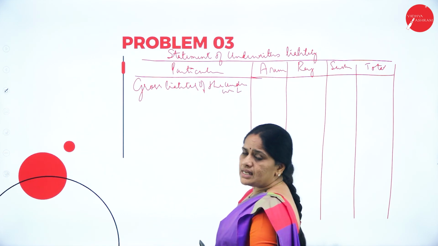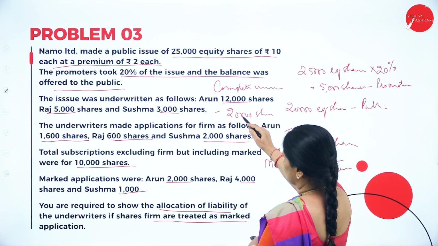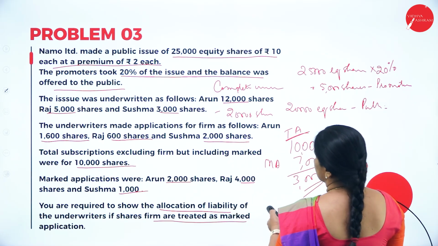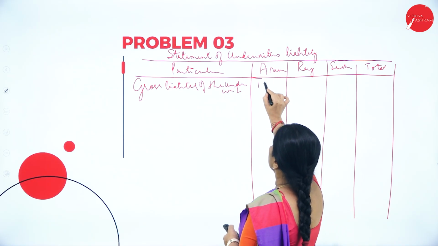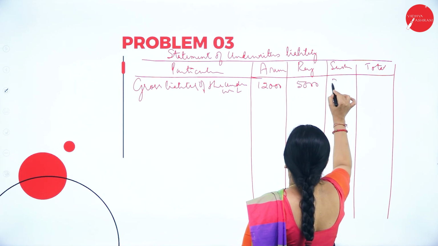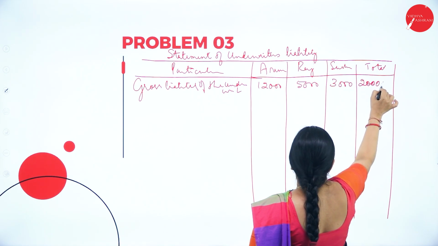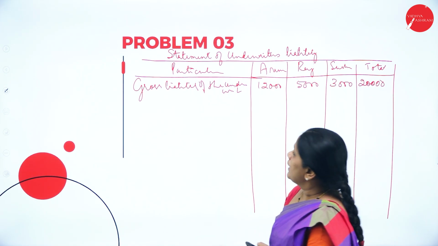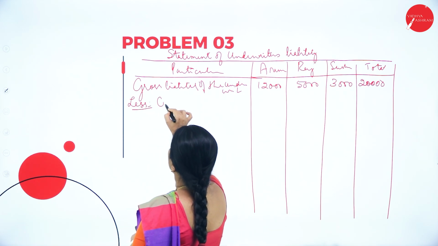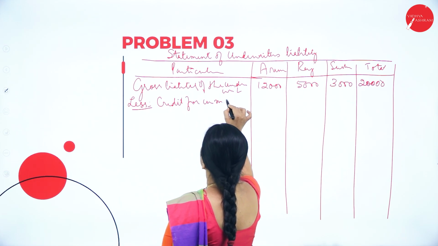Now what is the gross liability of the underwriters? The issue was underwritten as follows: Arun 12,000, Raj 5,000, Sushma 3,000. So total is 20,000. Now less credit for unmarked applications.